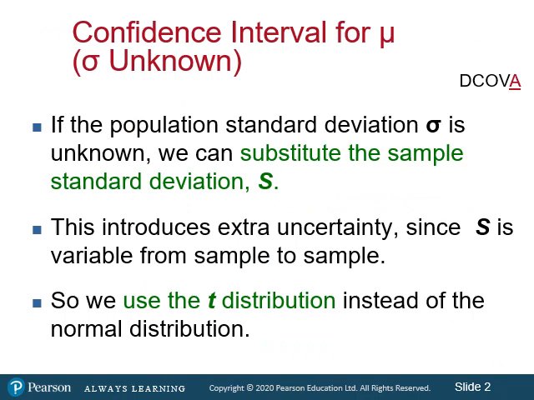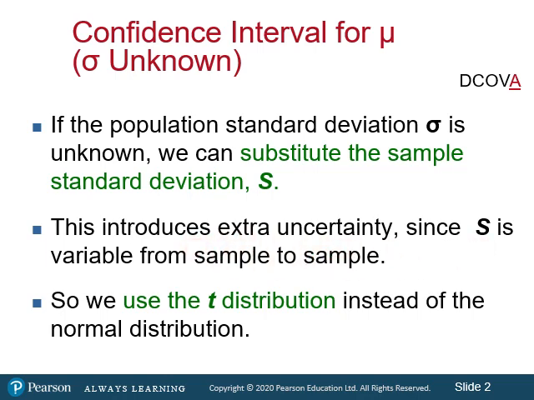How do we calculate confidence interval for mu when sigma is unknown? If the population standard deviation sigma is unknown, we can substitute the sample standard deviation, which is denoted by S. But when we do this, this introduces extra uncertainty, since S is a variable that varies from sample to sample.